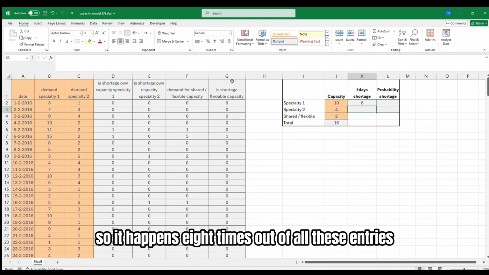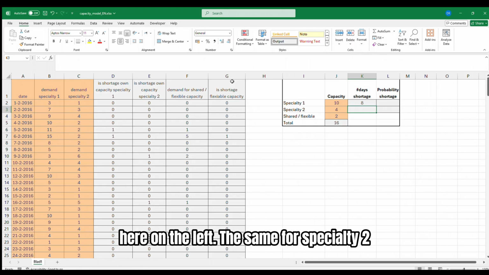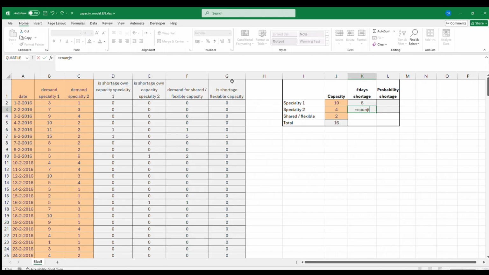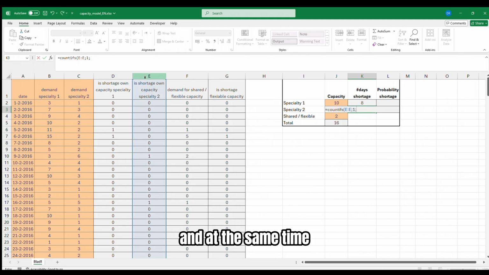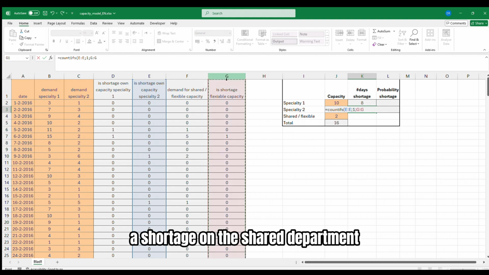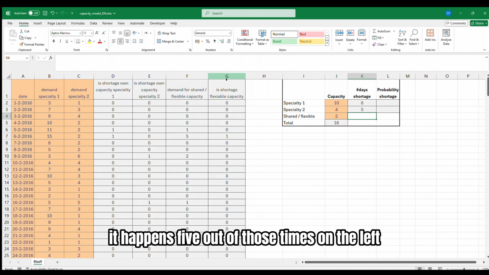So it happens 8 times out of all these entries here on the left. The same for specialty 2. So there should be a shortage on their own capacity and at the same time a shortage on the shared departments. It happens 5 out of those times on the left.